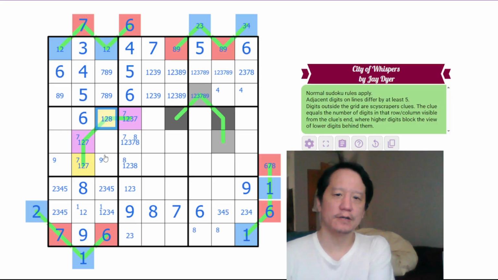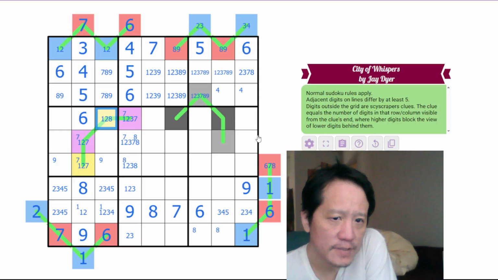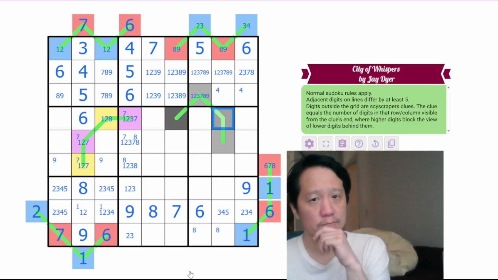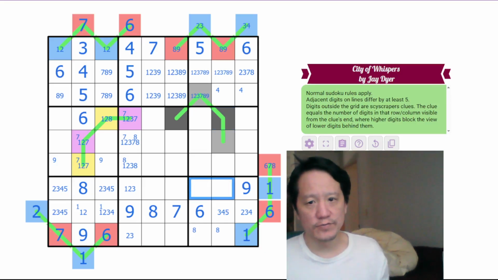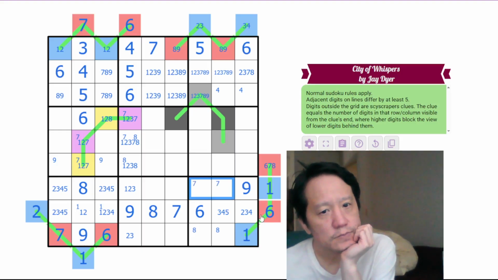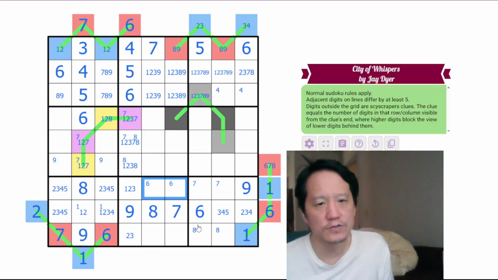Okay. This could be two lows, though. Seven has to be one of these two digits here. 6 has to be one of these two digits here.